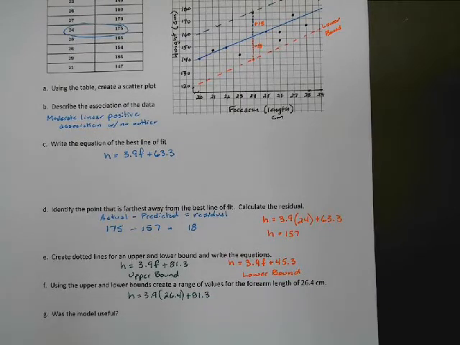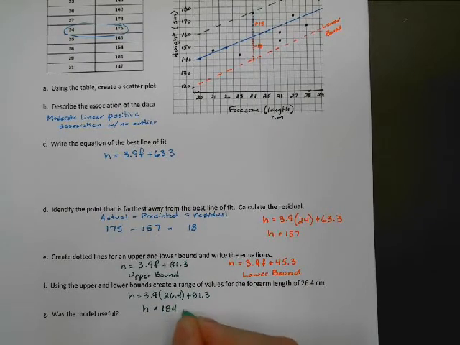That comes out to a height of 184 centimeters. Okay, that's the tallest we might think that this person, this ancient human, was.